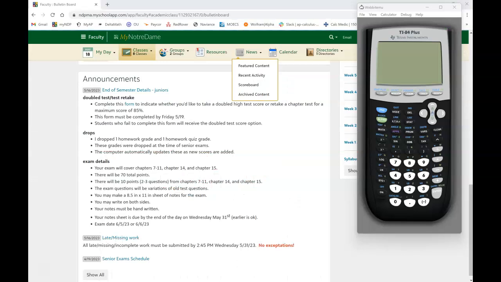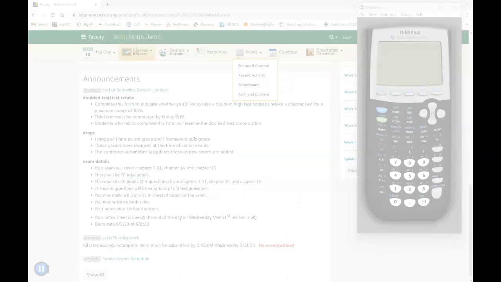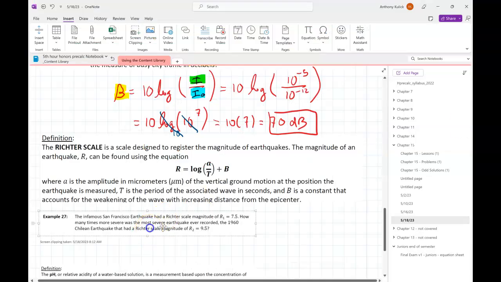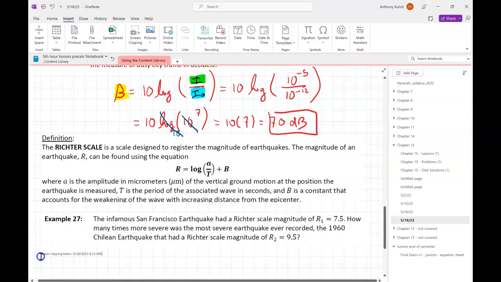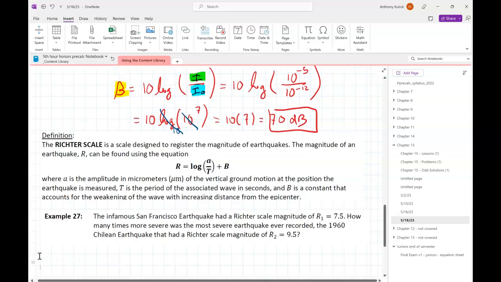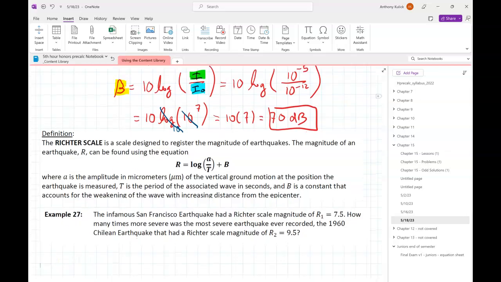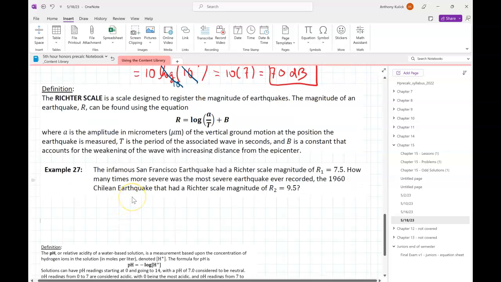So let's look at an example. This says the infamous San Francisco earthquake had a Richter scale magnitude of 7.5.